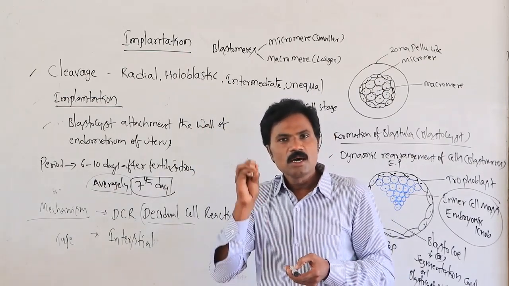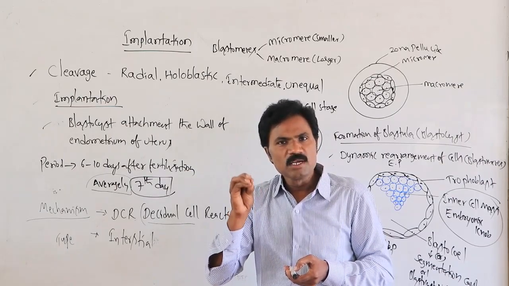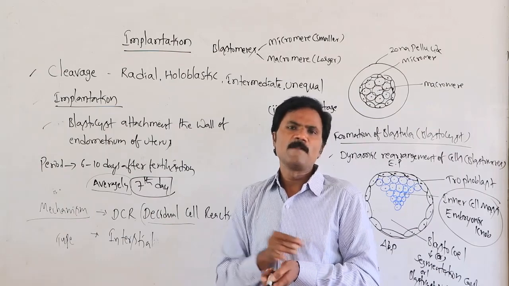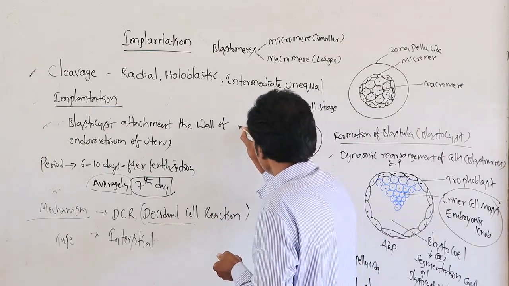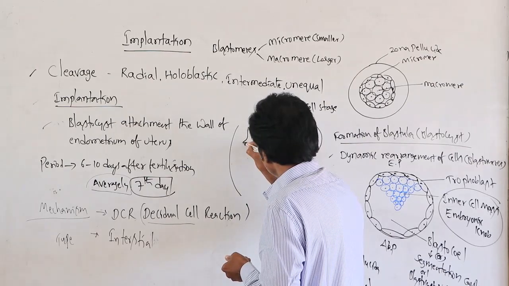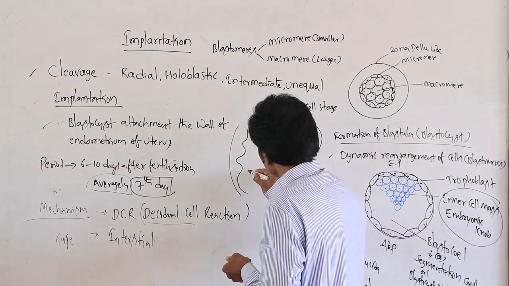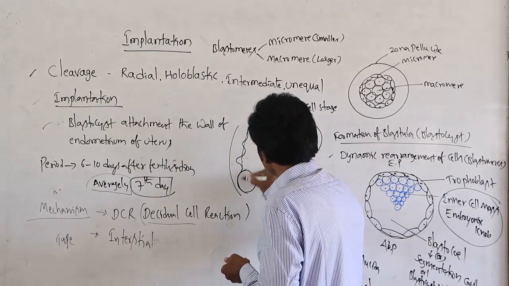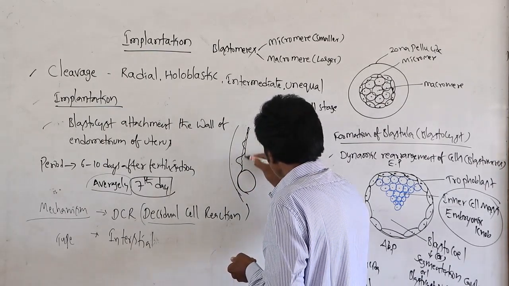Interstitial means the blastocyst is completely embedded in the inner wall of the uterus.